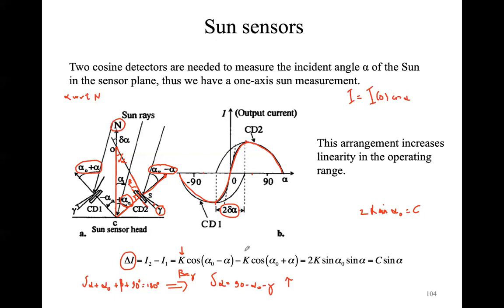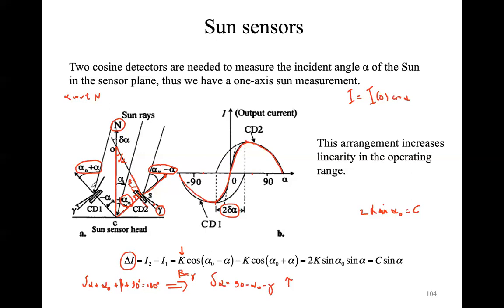And we also have seen, and this is easy to demonstrate, that delta I is equal to I2 minus I1. You're assuming that the maximum current I0 is the same, so you define this parameter K. The first sensor has an input current that is proportional to alpha 0 minus alpha, as you can see here.